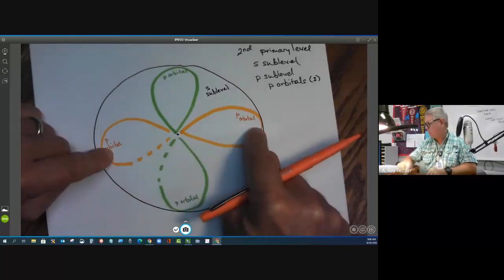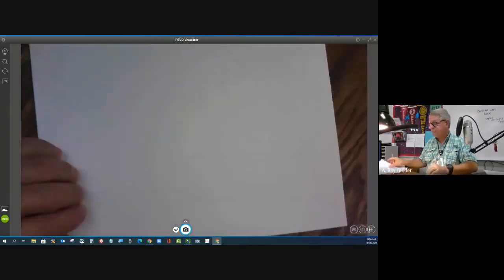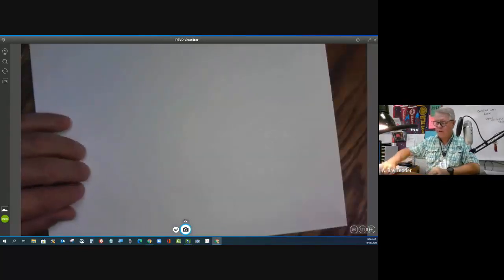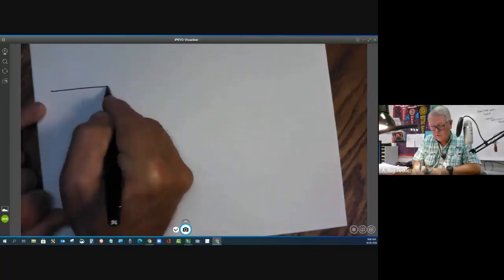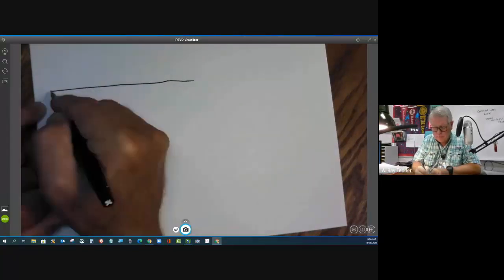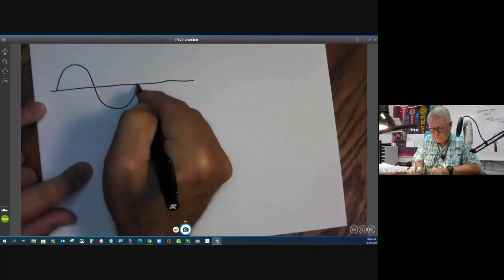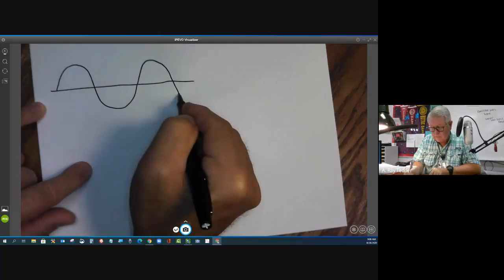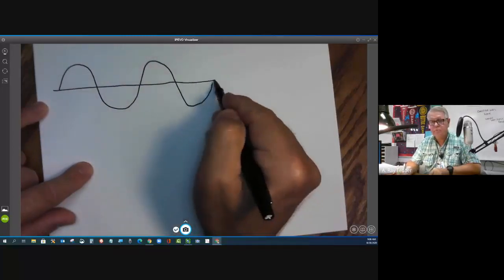Well, that corresponds to what you may have learned about waves. This is actually a wave pattern. So you may have learned in another science class about sine waves. They look like this. You remember learning about that? Anybody? Hands, thumbs up?